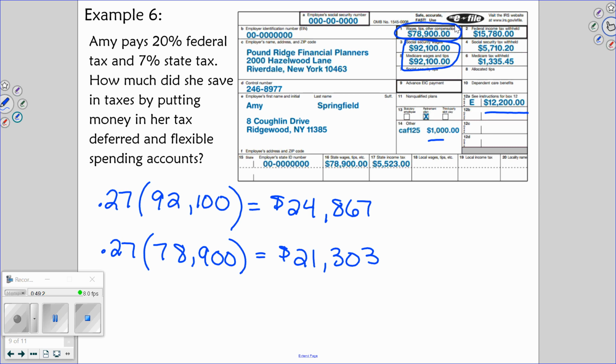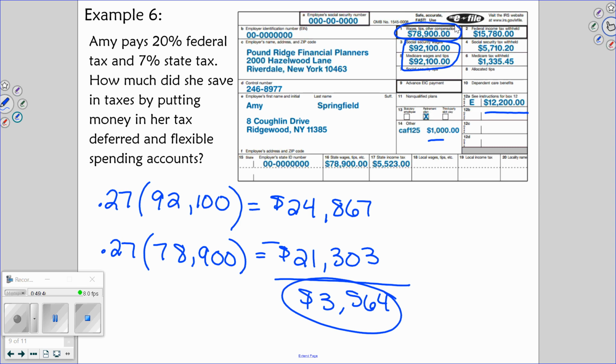This is how much the tax is. But the question asks, how much did she save, because she took so much money out pre-tax. So now they're only taxing her on the 78,900, which is that top box up there. So there's the difference. So how much did she save? Just subtract those. Good. She saved $3,564 for the year in taxes because she had that money taken out pre-tax.